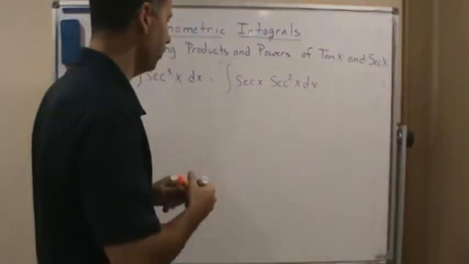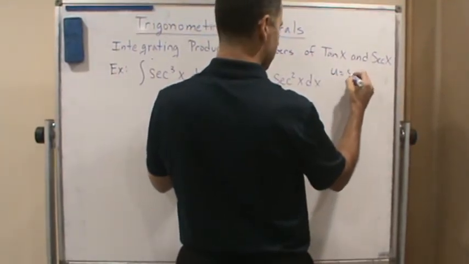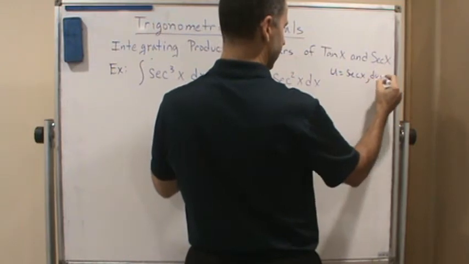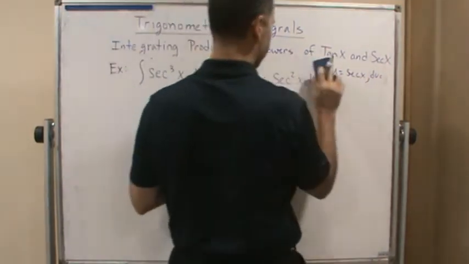So I'm going to make u equal to secant x, and my dv equal to secant squared x. Let me write that further over.